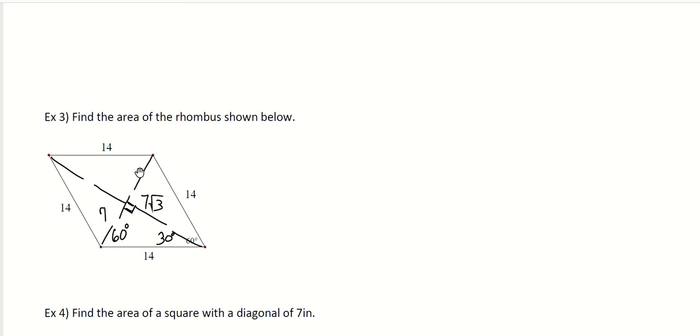The other half has to also be 7. 7 root 3 is half. The other half is 7 root 3. So diagonal 1 and diagonal 2 are going to be as follows. 7 times 2 is 14. So diagonal 1 is 14. Diagonal 2, 7 root 3 plus 7 root 3 is 14 root 3.